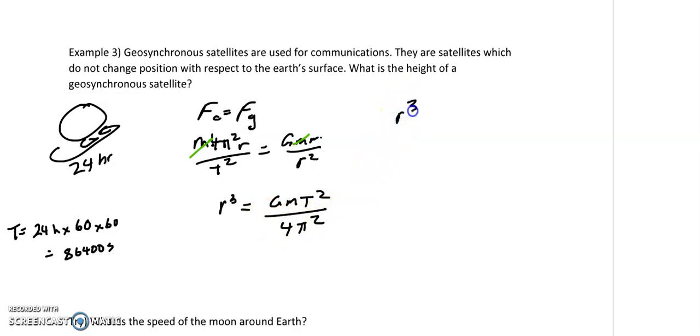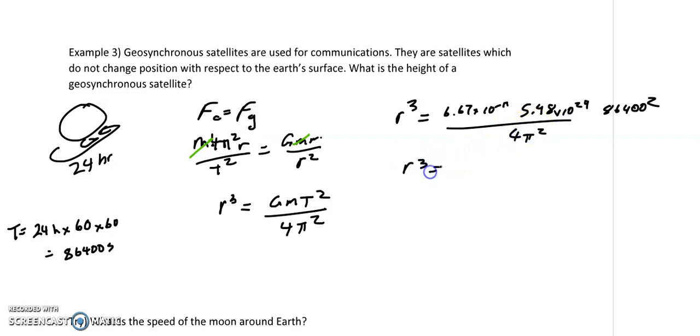So again, r cubed, we're going to plug in our numbers. 6.67 times 10 to the negative 11, 5.98 times 10 to the 24, 86,400 squared, all divided by 4 pi squared. So r cubed is going to be 7.5 times 10 to the 22.